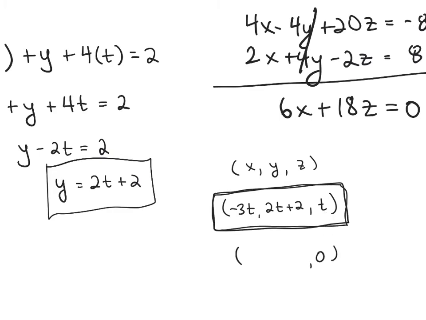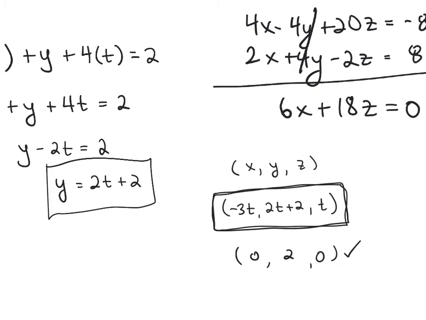Over here, if t is equal to 0, we have negative 3 times 0, which is 0. And then if this t right here is equal to 0, we'd have 2 times 0 plus 2, which is 2. So 0 comma 2 comma 0 is a solution that satisfies all 3 of these equations here.